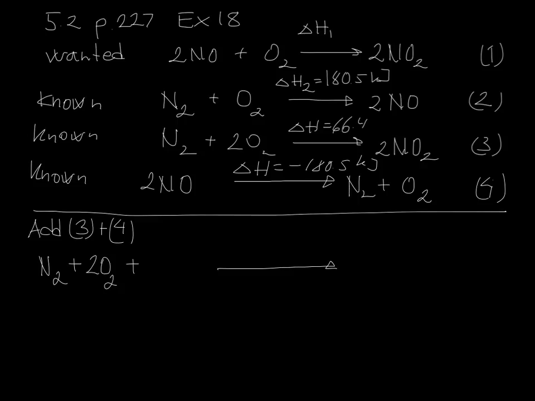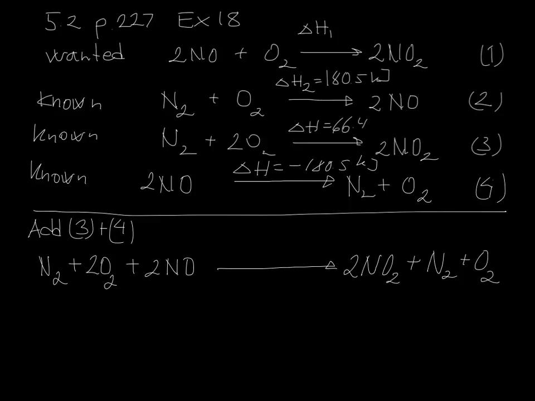And in number 4 to the left we have 2 nitrogen oxide. So that is everything to the left. To the right in number 3 we have 2 nitrogen dioxide, and in number 4 nitrogen plus oxygen.